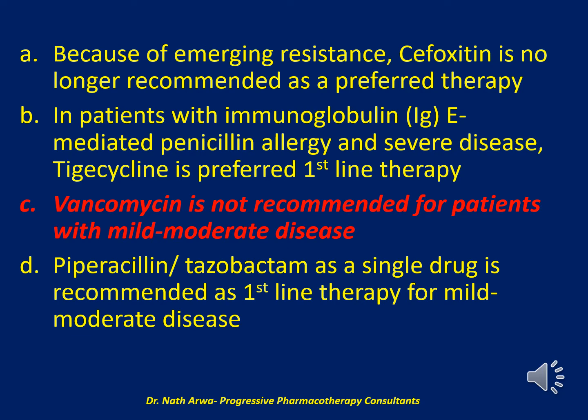Answer A is incorrect. Although some local resistance may be present, if known, cefoxitin is recommended as a first-line option in mild to moderate infection as a single agent. Answer C is correct because evidence suggests that adding vancomycin to empiric regimens does not improve outcomes. Please progress to the next question.